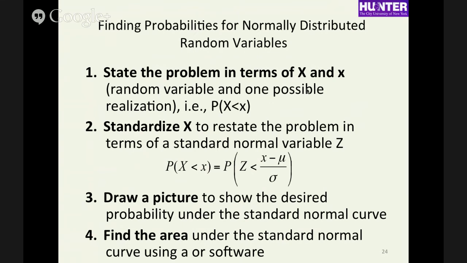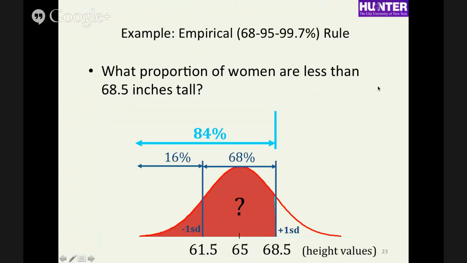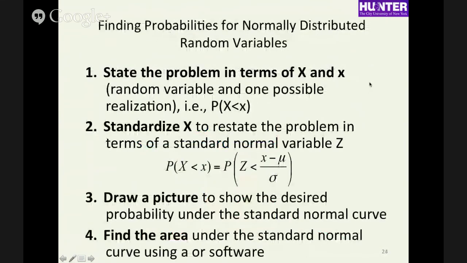Because we might not always just ask you for something that is under one tail, but we might actually give you two limits and ask what's the probability of a value between those two limits.